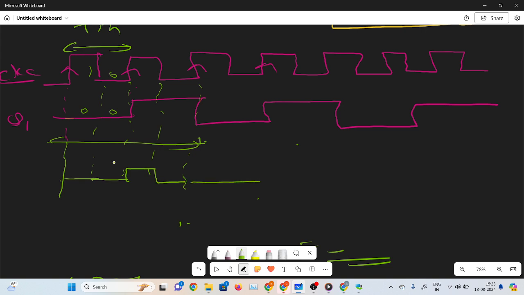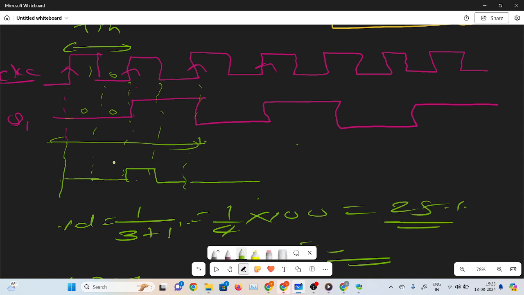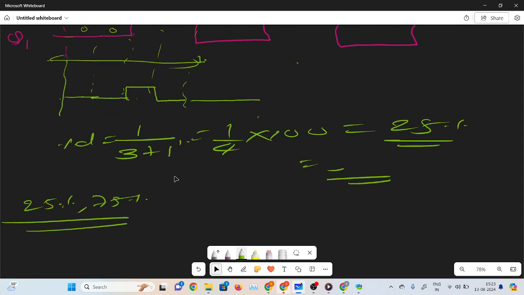So for only one part it will be one, and the remaining parts will be zero. If you calculate the duty cycle, on time is one and off time is three, so one by one plus three, that is one by four, multiplied by 100. That is the 25% duty cycle. No issue, you can easily convert. This is a very easy process.